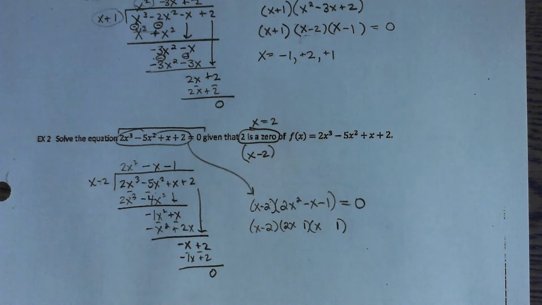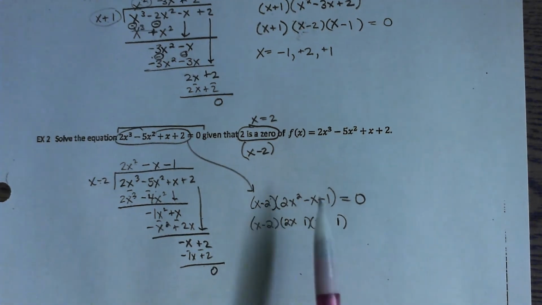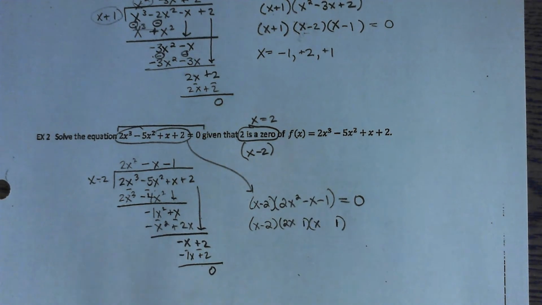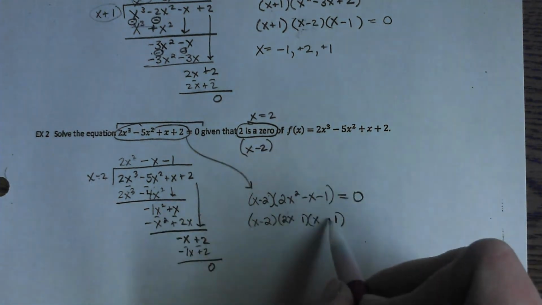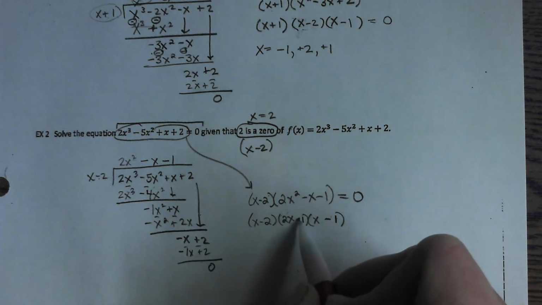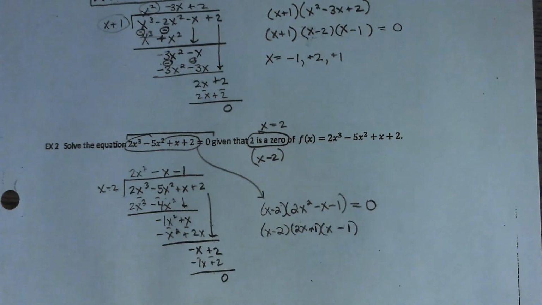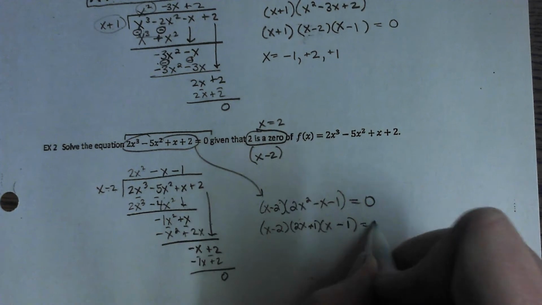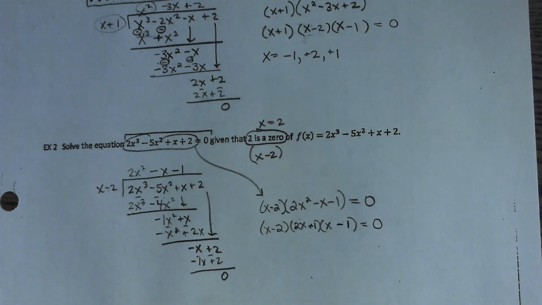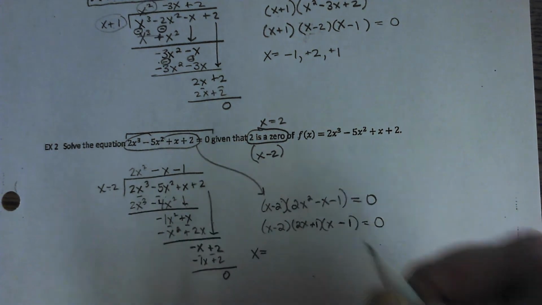But because it's a negative 1, one of those has to be positive, one of those has to be negative. And in figuring that out, you want to make sure your outer and your inner products make negative x. So we want the 2x to be negative, so negative 2x plus 1x would make the negative x in the middle. So when you tee each of these up, you get 3 solutions.